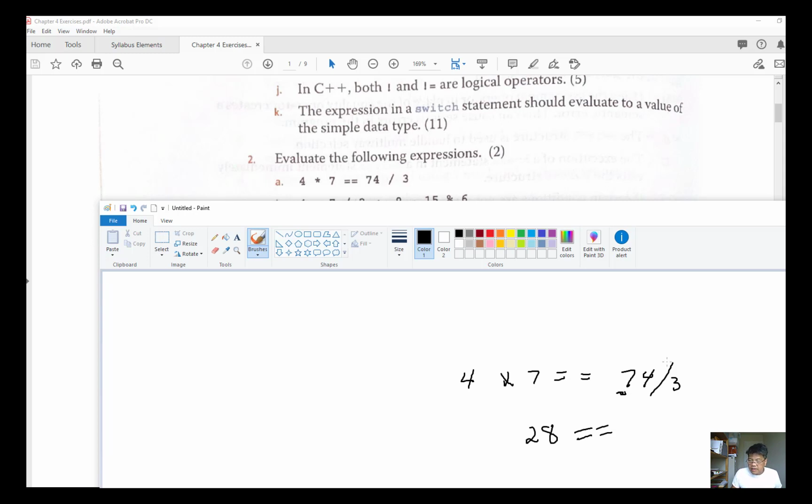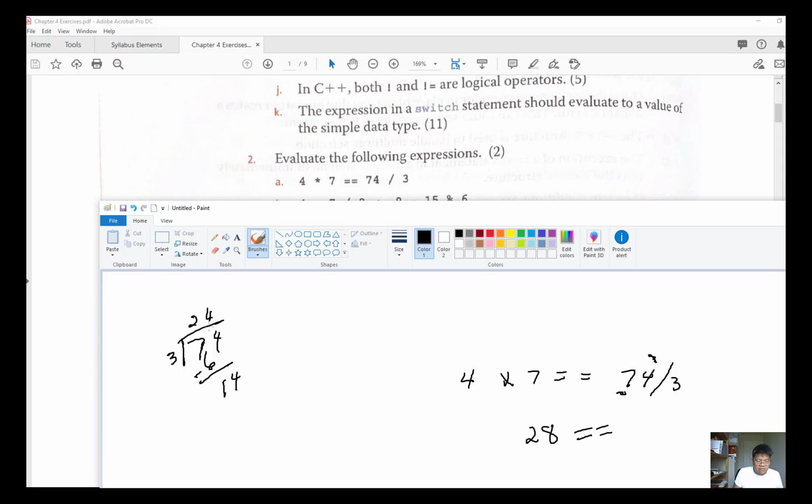So I want to come over here and get some scratch space. I have to do 74. I don't have a calculator on hand here. So 3 goes into 74 how many times? 2, so this becomes 6. Subtract that, it becomes 1, and 3 goes into 14 how many times?